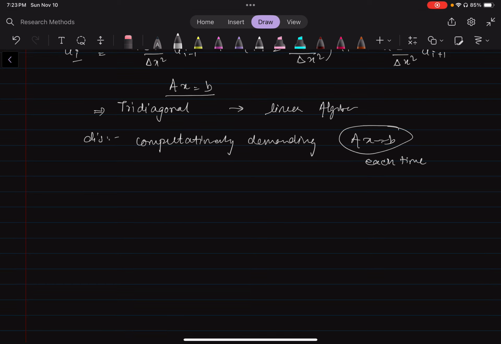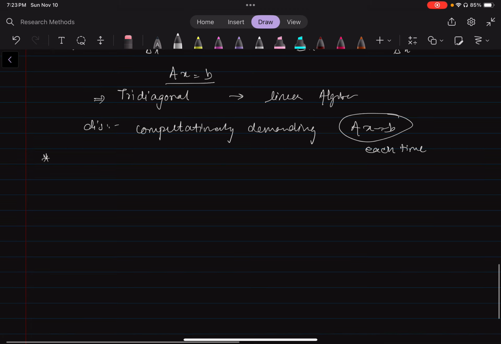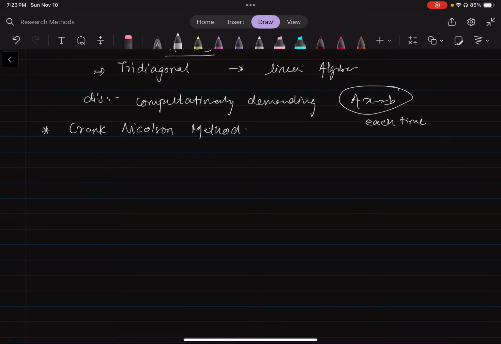So, in order to find a middle ground between these two methods, which have their own pros and cons, we can use what is called the Crank-Nicolson method. This is also named as the semi-implicit method.